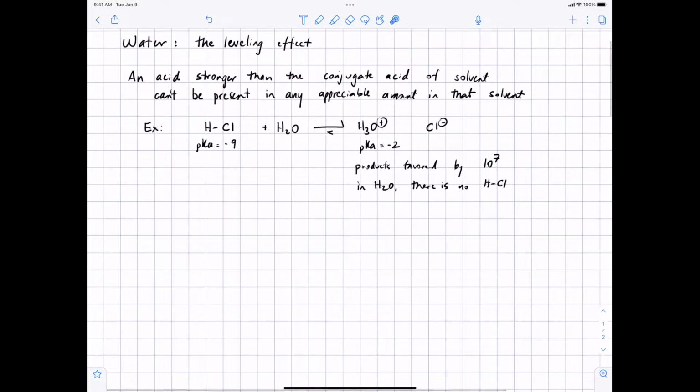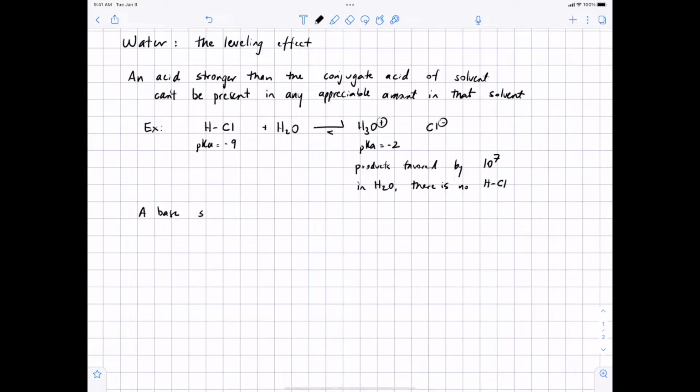And so then the question arises, how do we know the pKa's of acids that are stronger than water, or stronger than H3O+? And there's a story there that we could delve into, but it involves measuring pKa's in different solvents.